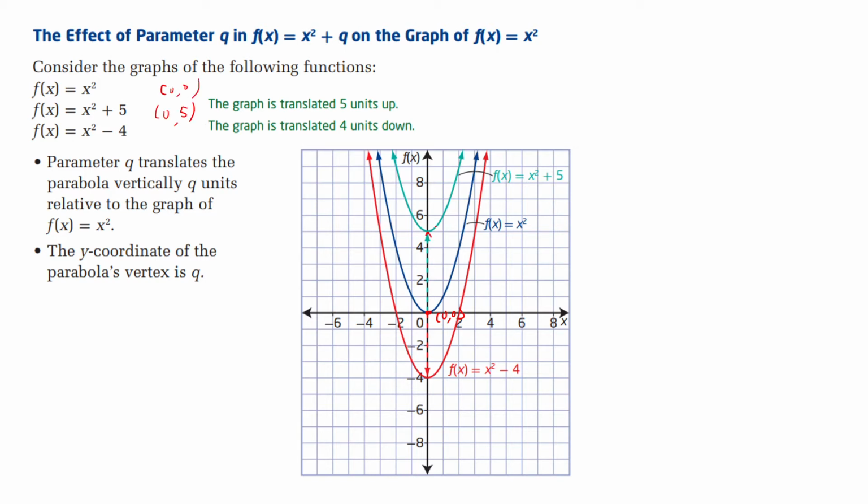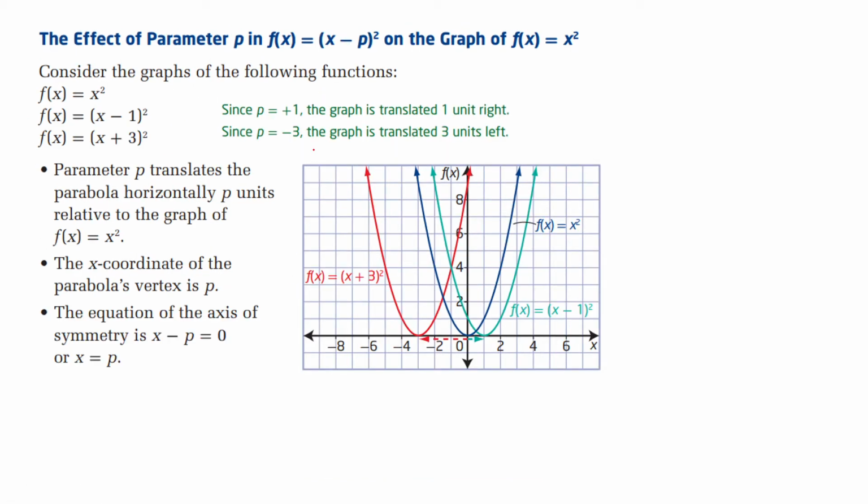And then the point (2, 4) becomes (2, 9). So basically each point on the original graph moves 5 units up. The same thing happens here: -4 means down 4 units. So parameter q translates the parabola vertically by q units.